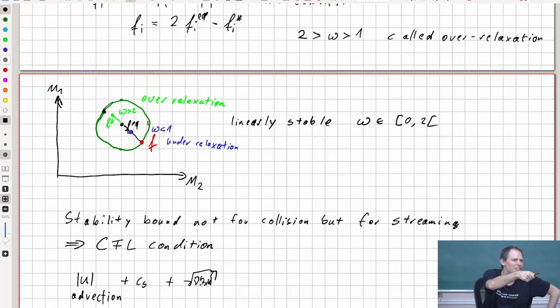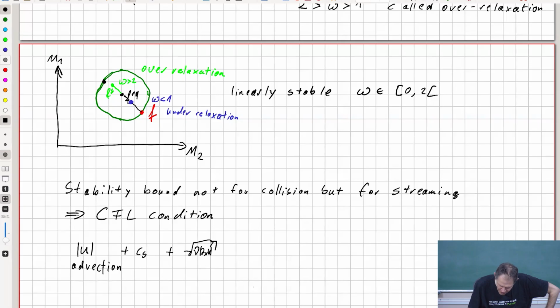Do you agree that there should be something like the so-called diffusive CFL condition? So this is advection, this is acoustic, and there is diffusion. And these things add up.